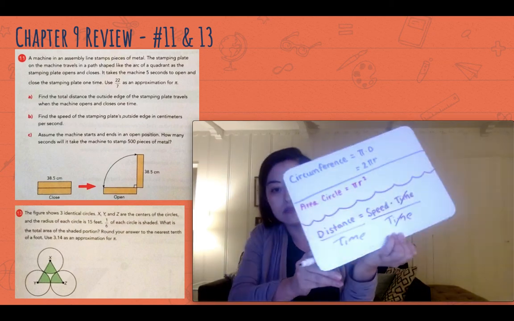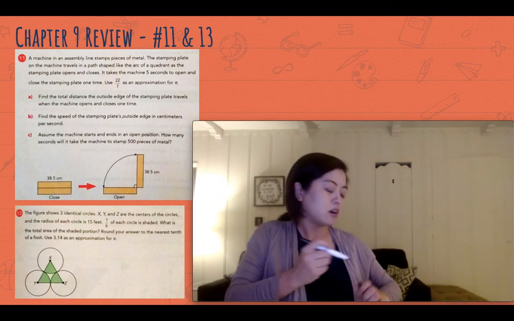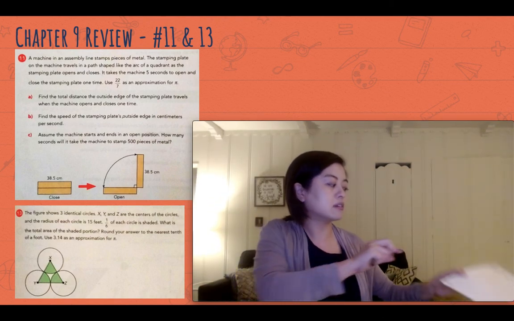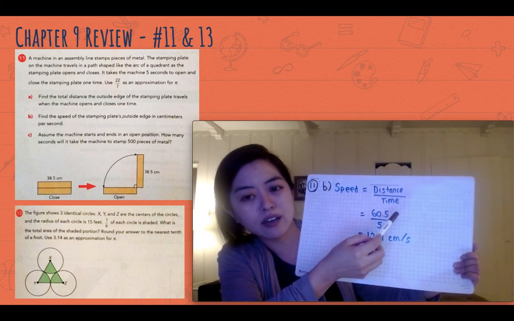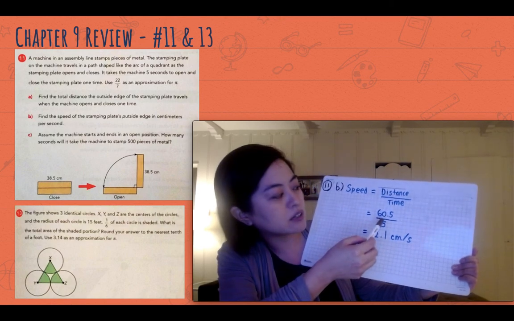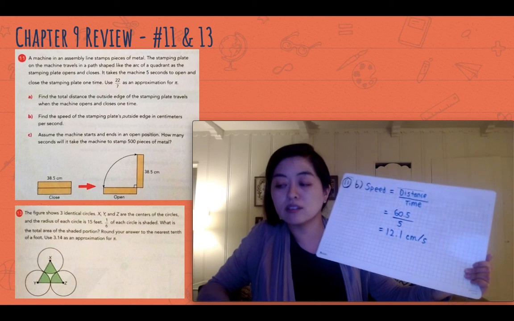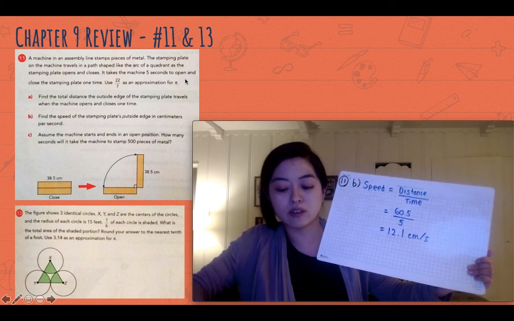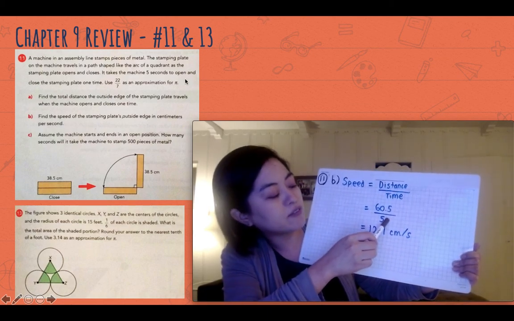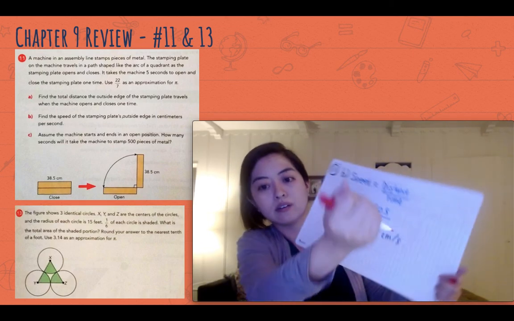So knowing that, let's look here. Speed is distance over time, and my distance of that arc is 60.5, right? And then my time is given here in the information. It takes 5 seconds to open and close the stamping plate one time. So that's my time. So divide it by 5, and you get 12.1 centimeters per second.